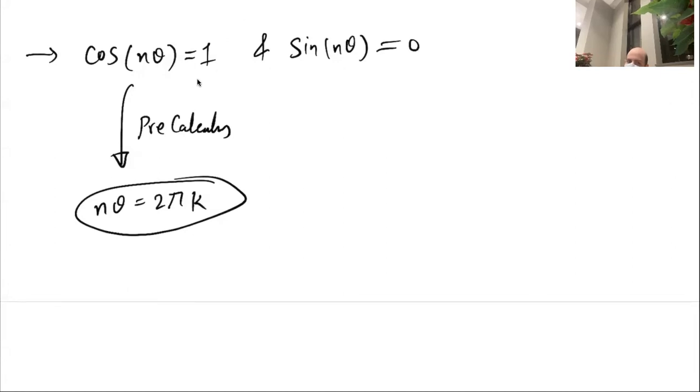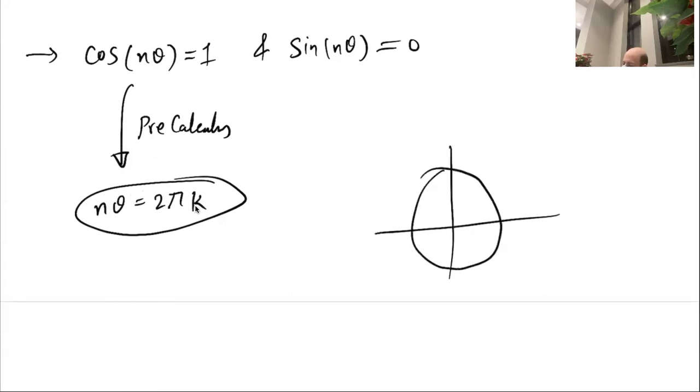So we just need to make sure that cos n theta is 1, because then that gives n theta equal to 2 pi k, and on the unit circle 2 pi k will be this point here. And if you're on this point on the unit circle, cos is 1 and sine will be automatically 0. So once I make sure that this happens, this will also automatically happen.